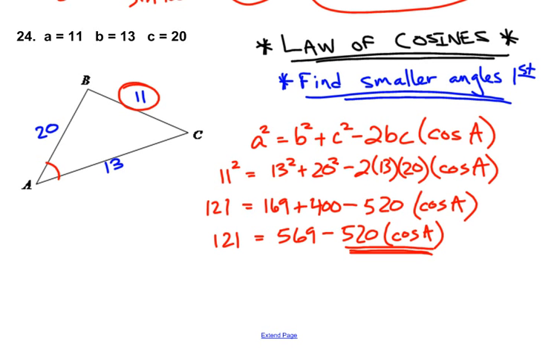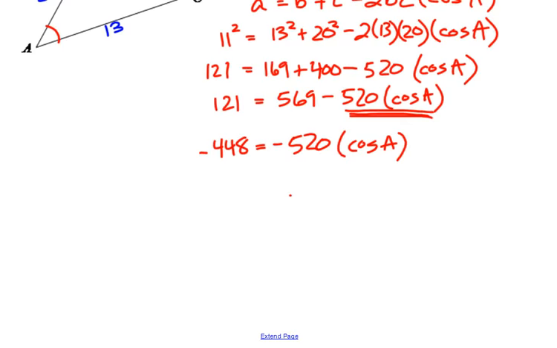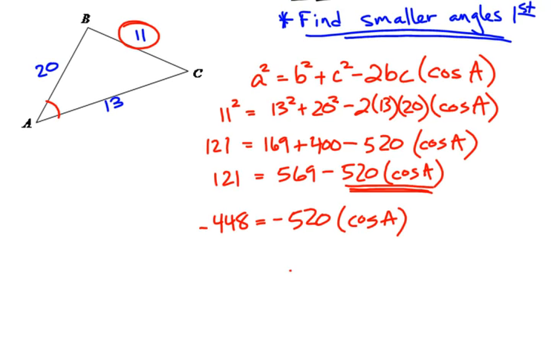I will subtract 569 from both sides at this point, and I will get that negative 448 is equal to negative 520 times the cosine of A. Let's see if we can get a little more room here to work this out.